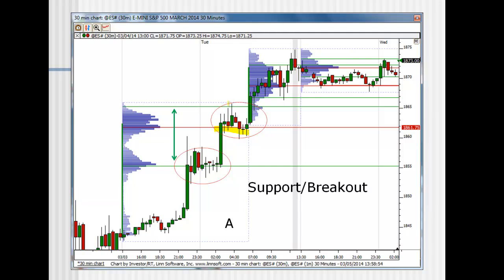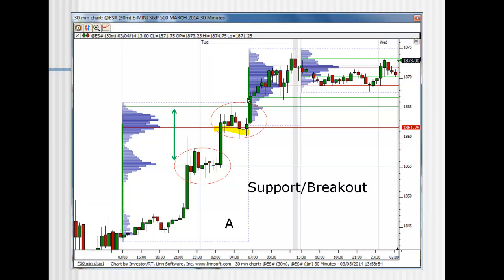Up here, we met some resistance at the value area high, but we came right back to it. In many ways, the pattern here is really very similar to the earlier pattern that we saw here. Once again, we see another breakout and price continues to move higher.